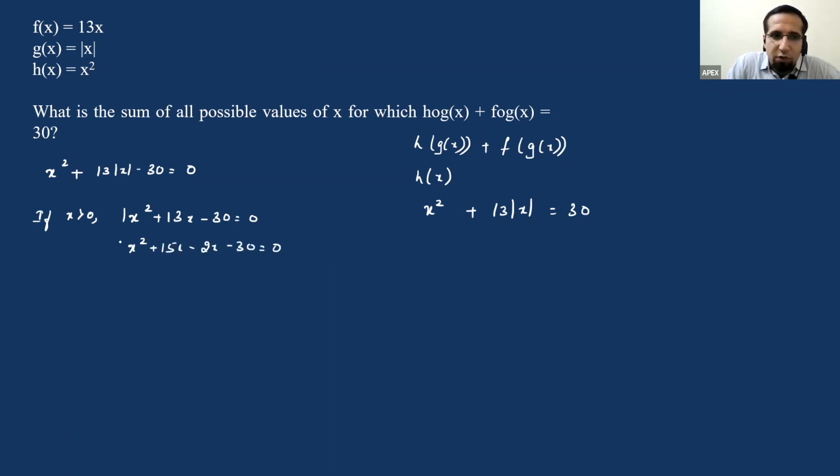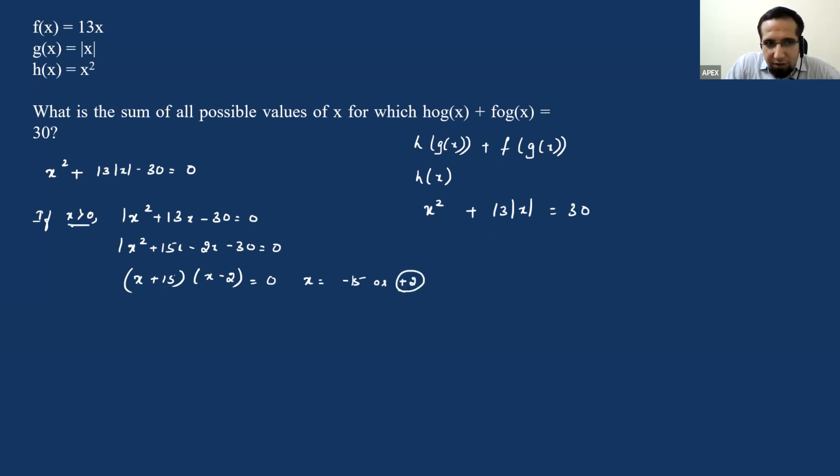Minus 30 is equal to 0. If we have assumed plus 15 as one of the numbers and minus 2 as the other, this becomes x plus 15 into x minus 2 is equal to 0, or the value of x will be minus 15, or the value of x will be plus 2.